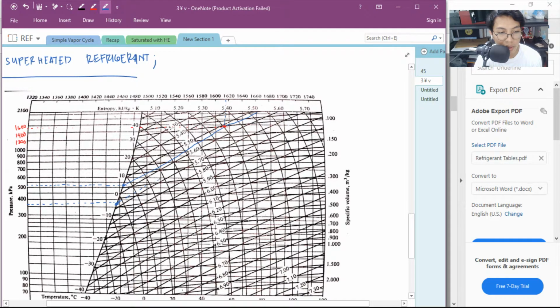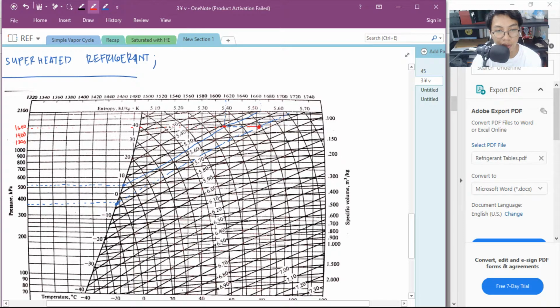Medyo lumalaki-laki lang kasi hindi even yung aking surface. O, dito yung linya. Ngayon, anong hahanapin mo dyan? The pressure ni condenser. O, ito yung pressure ni condenser. Continue mo dyan. Saan sila nag-meet up? Somewhere here. O, nag-meet yung dalawang linya.